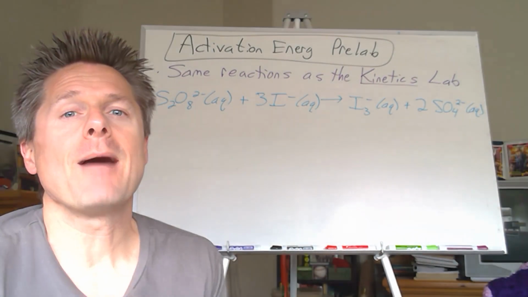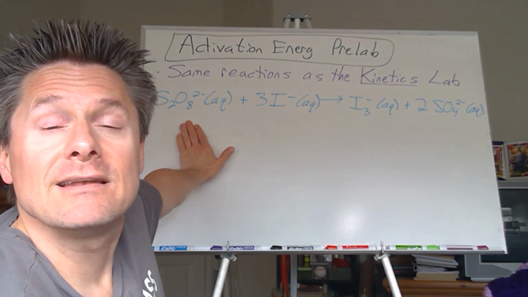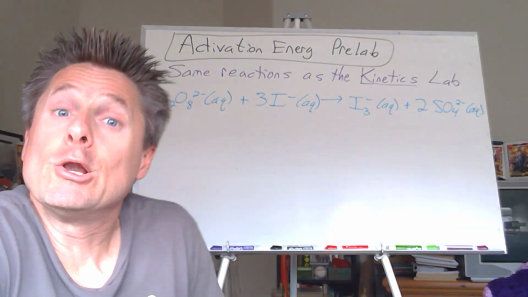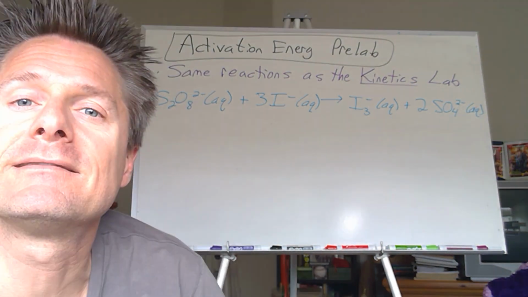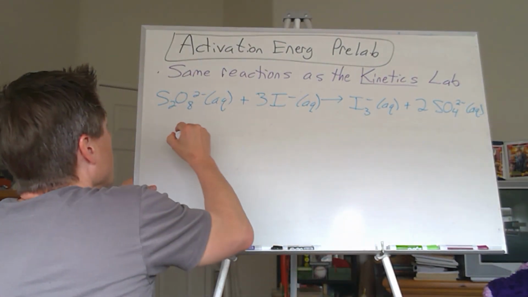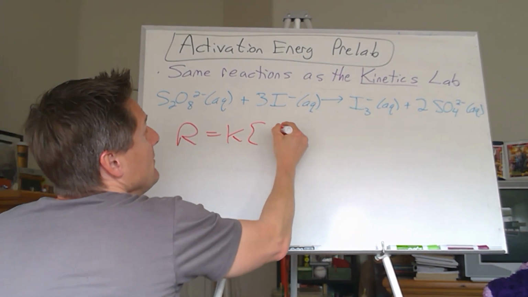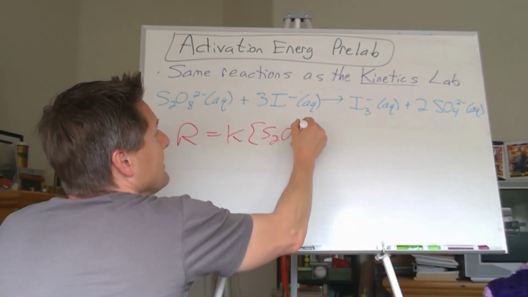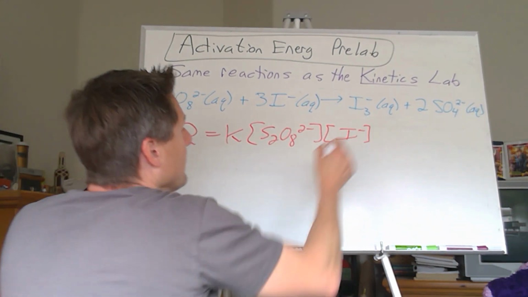In the kinetics lab, what we did is we altered the concentration of the peroxydisulfate and then measured how long those reactions took for a set amount of constant iodide. And we were able to get the rate law from that. And if I recall, our rate law was k times the reactants, the peroxydisulfate ion, times the iodide ion.